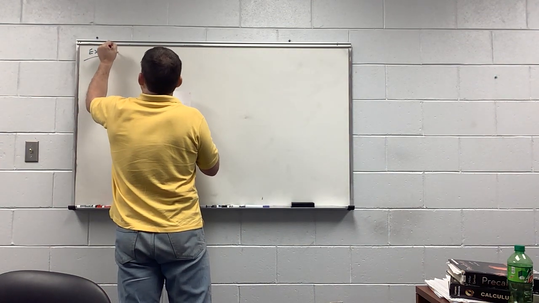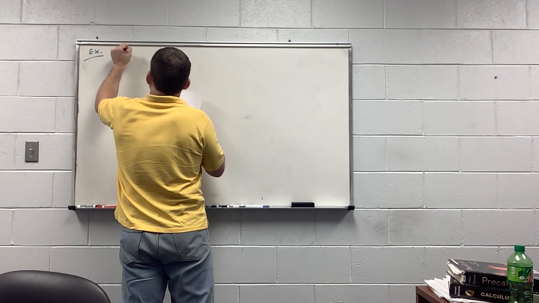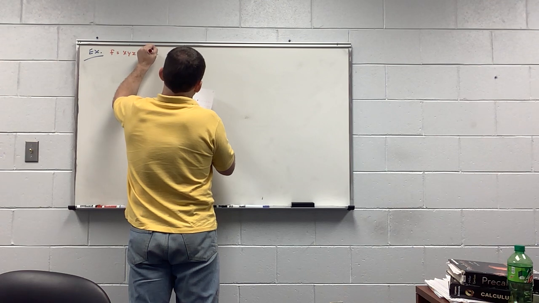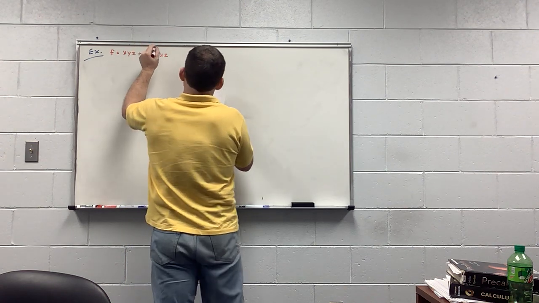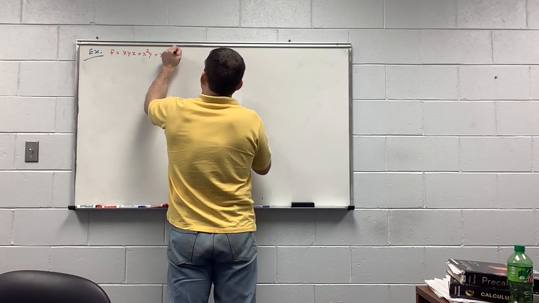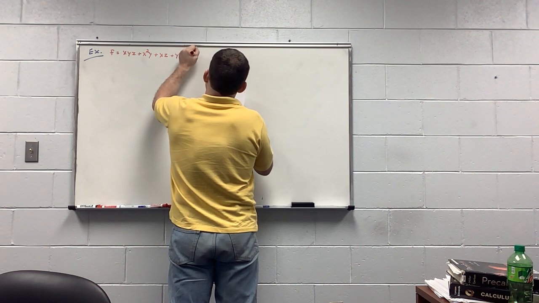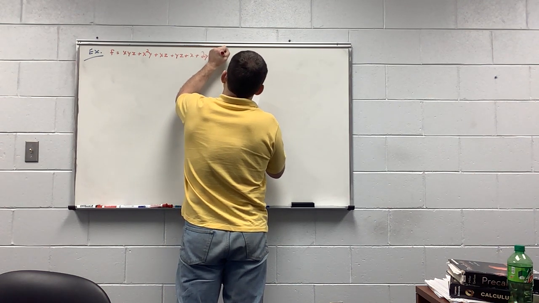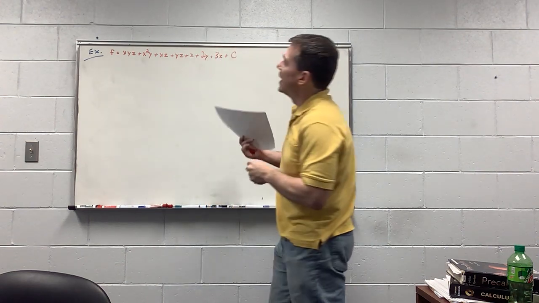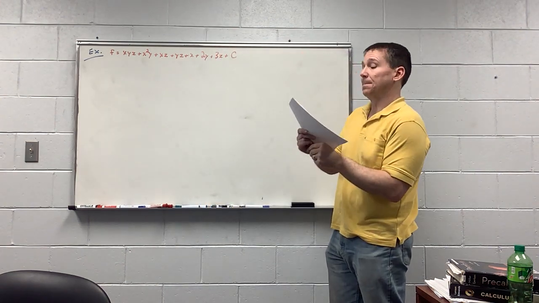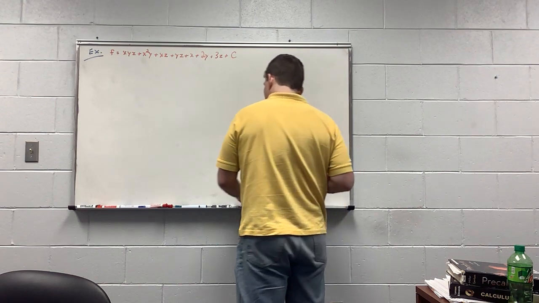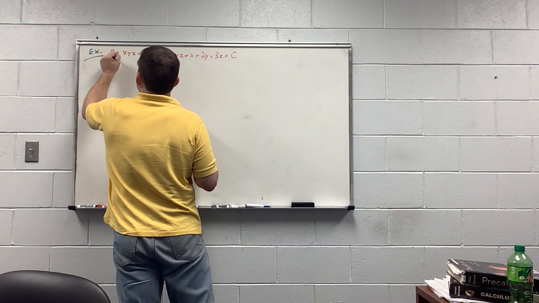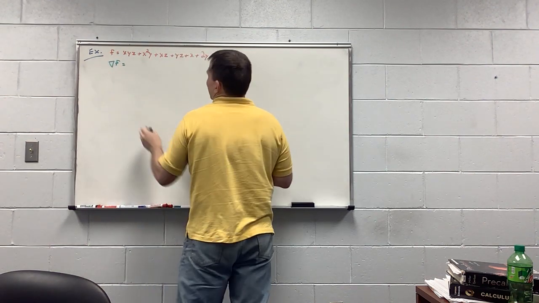So we're going to let f equal xyz plus x squared y plus xz plus yz plus x plus 2y plus 3z plus c for any constant c. Now, and I'm deliberately going to try to color code this, I need the gradient of f.